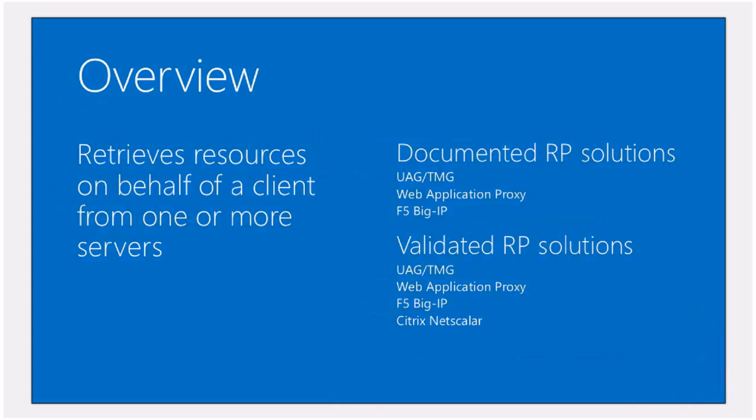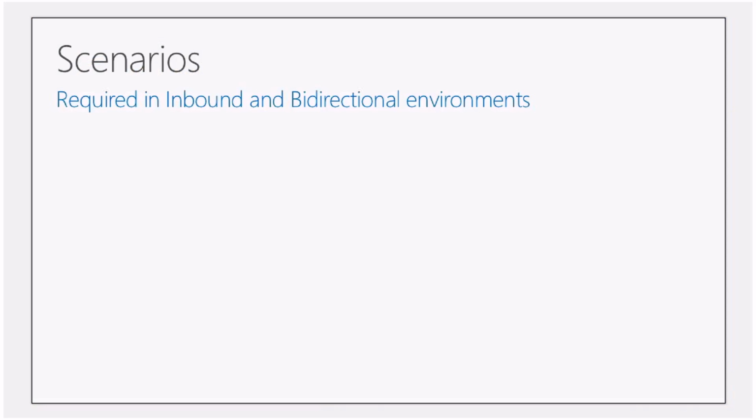We've documented a number of different reverse proxy solutions: UAG and TMG, Web Application Proxy, Big IP, as well as Citrix NetScaler. All of those solutions we've validated here at Microsoft to ensure that they work with an Office 365 and SharePoint hybrid environment. Again, the reverse proxy is required only in those inbound and bidirectional scenarios.